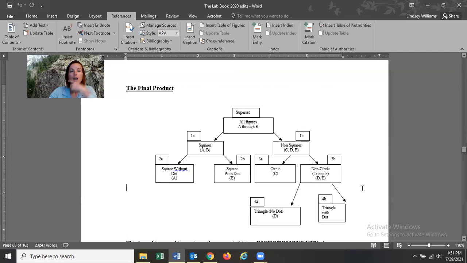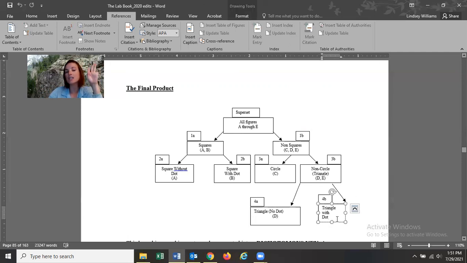And then again, we use the feature dot and no dot, and that is fine to do as long as it is only once on an original side from the superset. So the superset's up here, and on the left original side, I used dot, no dot. I used it once.